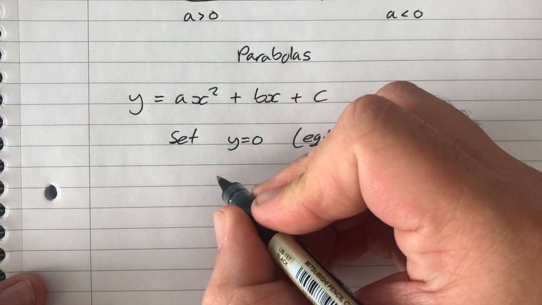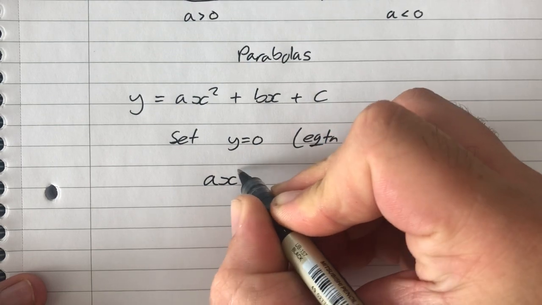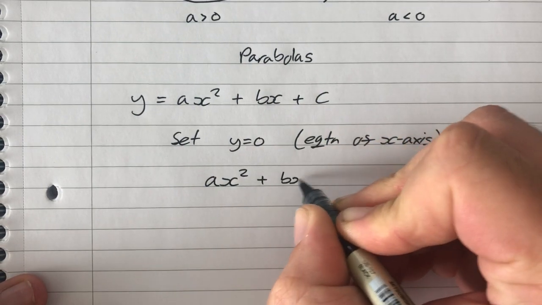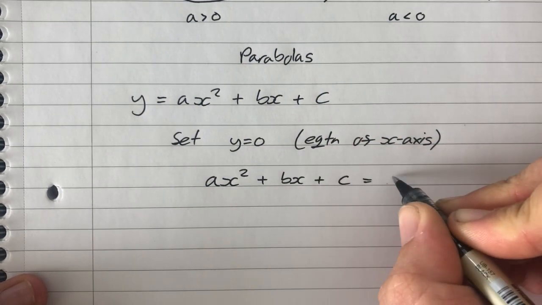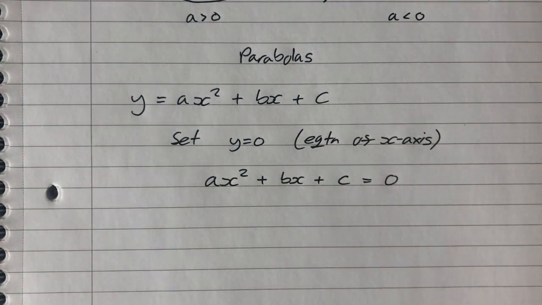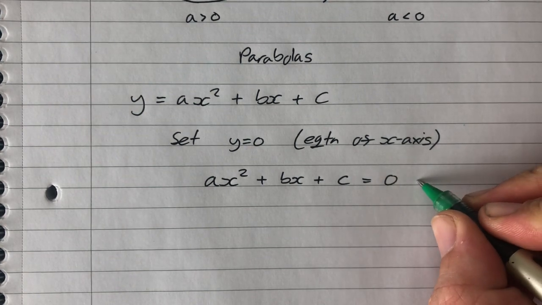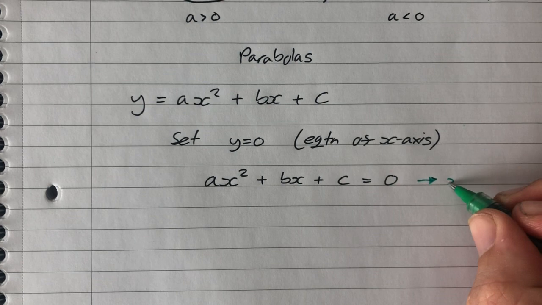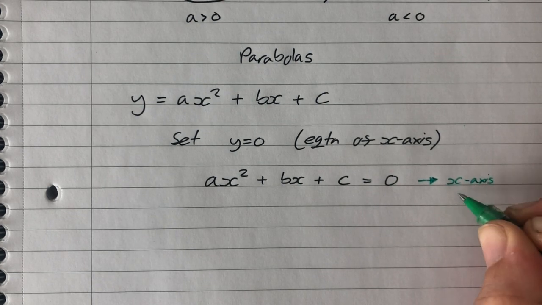So if I set y to 0, I will get back to the quadratic equation, ax squared plus bx plus c equals 0, and we can solve that using factorization, quadratic formula, whatever method you want, if it has solutions indeed, and these will yield the x-axis intercepts.